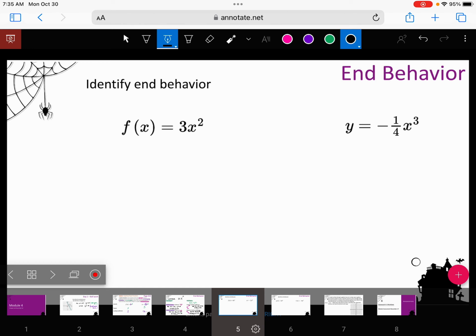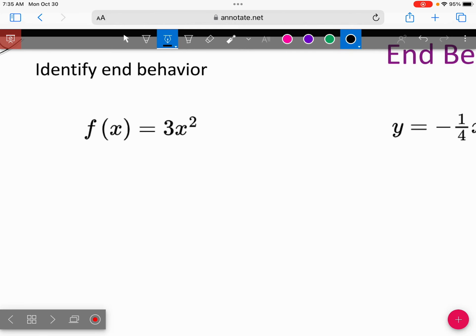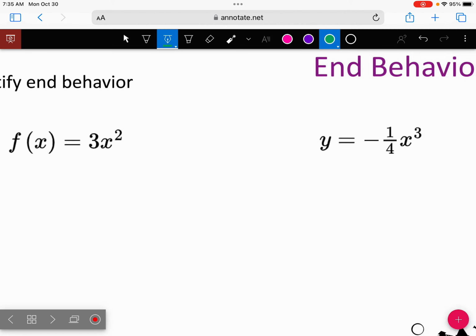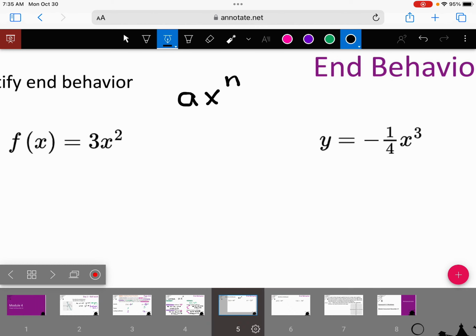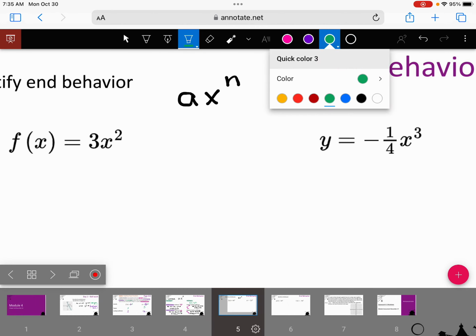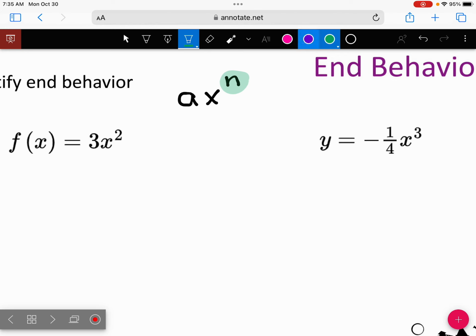So these are our first 2 that we already found our leading coefficient and our degree for. It's the same ones, but we're going to find our end behavior. So just to remind ourselves, when we have our ax to the n, we did degree as green, and our leading coefficient is purple.